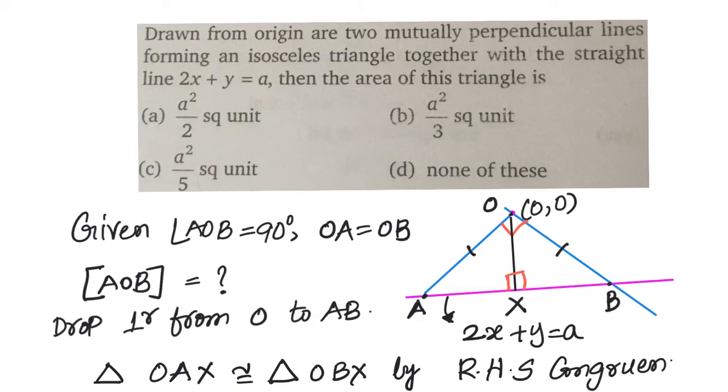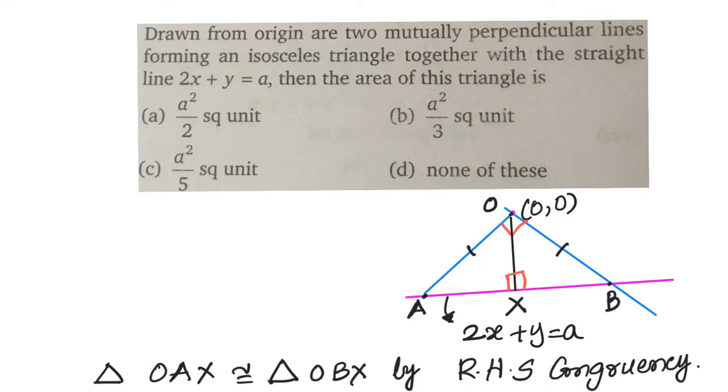Then once we know they are congruent, by CPCT we can say that AX equals BX. If AX equals BX, what exactly is the meaning of that? The meaning of that is X is the midpoint of AB. And if X is the midpoint of AB, we already know X is the circumcenter of this triangle.